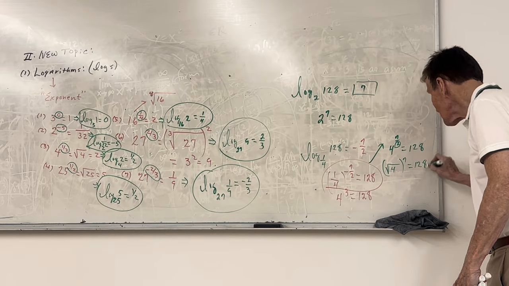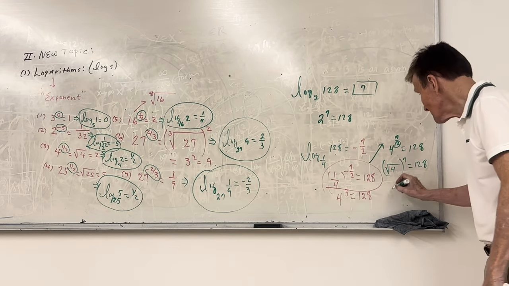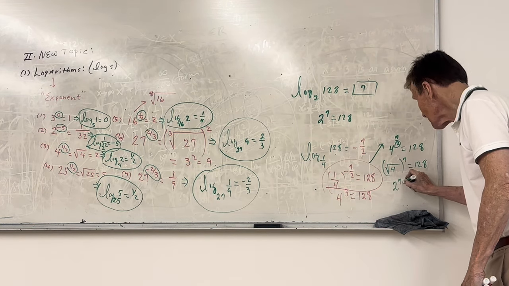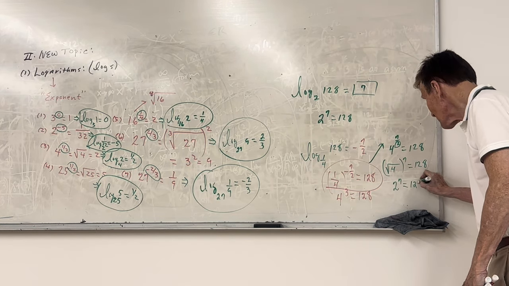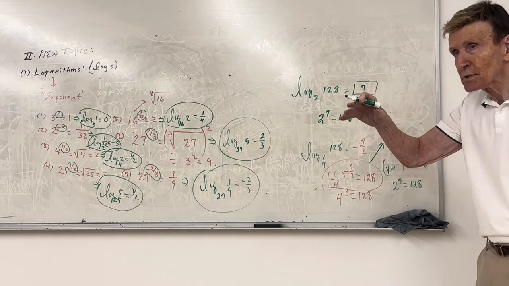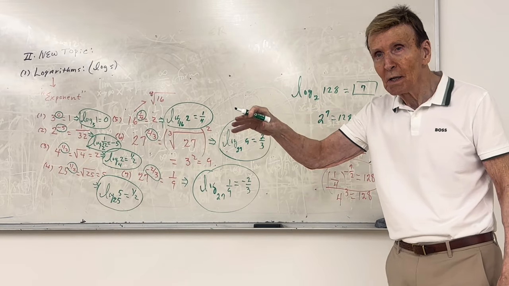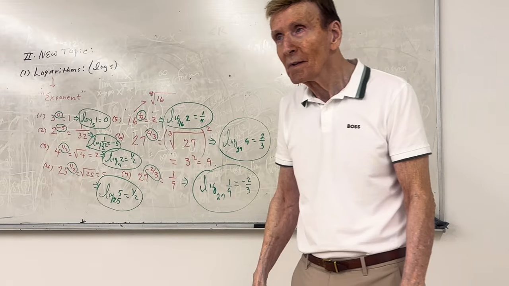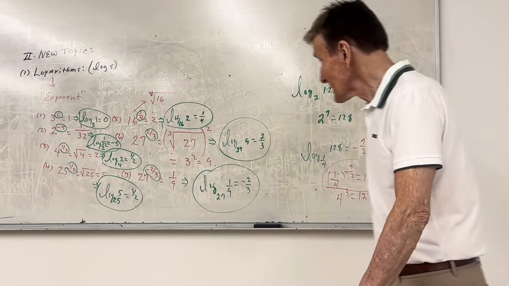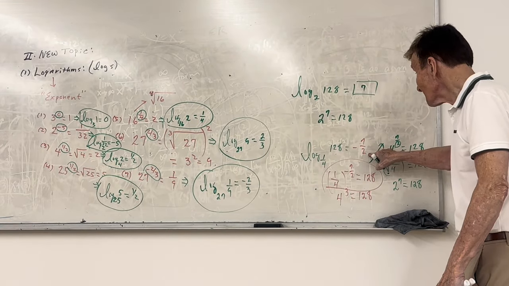Robert, here goes. Square root 4 is 2. 2 to the 7th is 128. 2 times 2 times 2 out 7 times, boy, you get 128. Answer was -7/2.